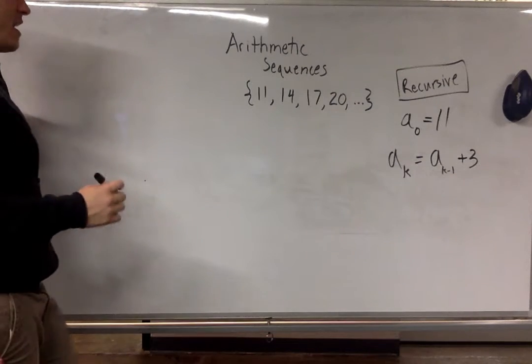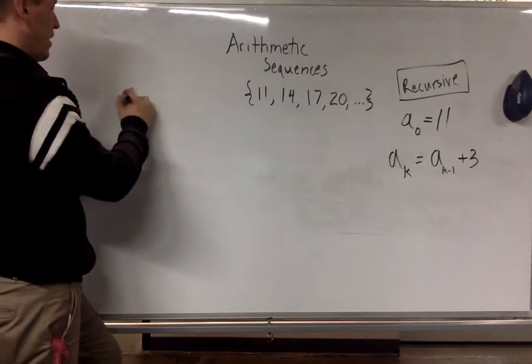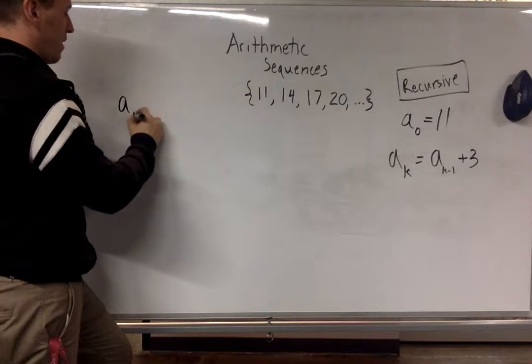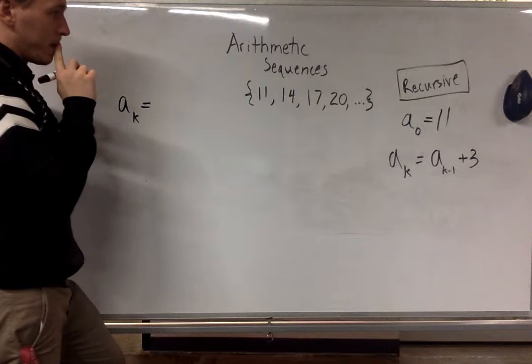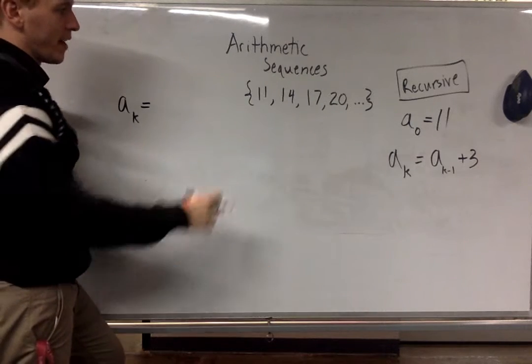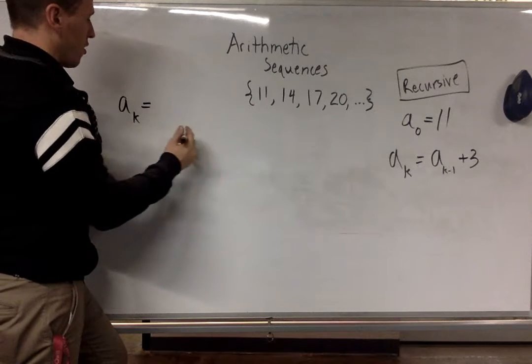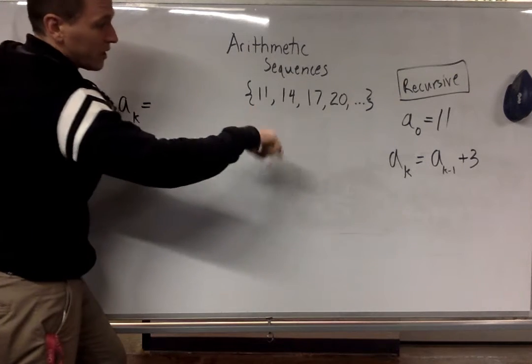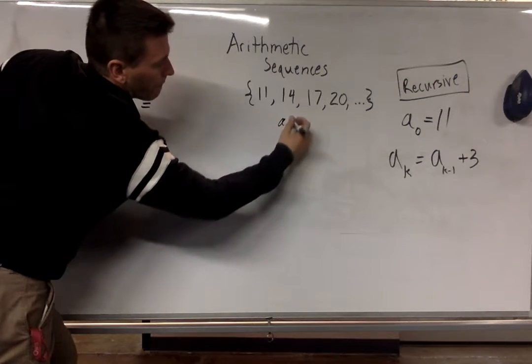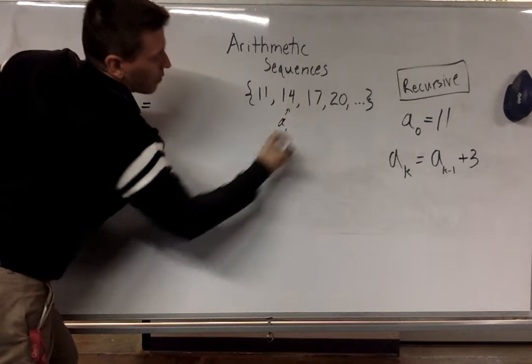I can find any of these numbers by taking a sub k and plugging in k by however many 3's I've added. So if I'm finding the 0th term, I'll plug in 0 3's. If I'm finding the second term, which is a sub 1, then I would plug in 1 3.